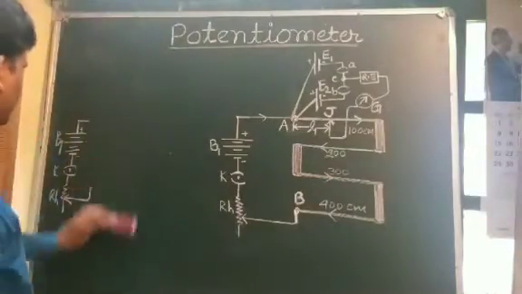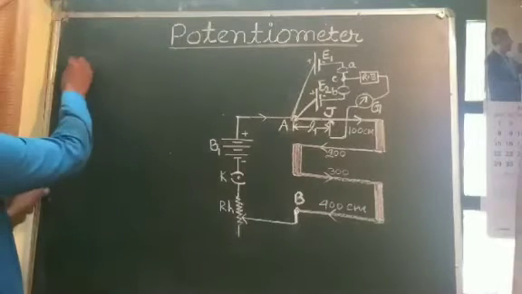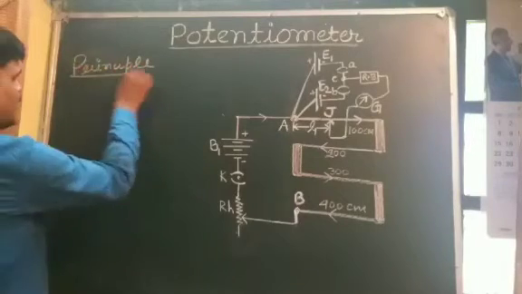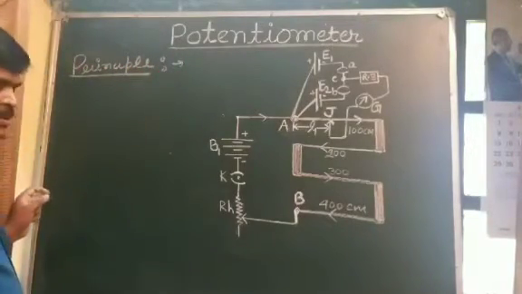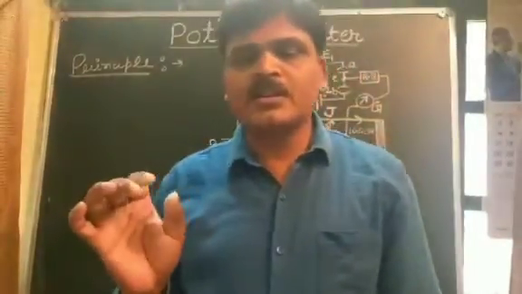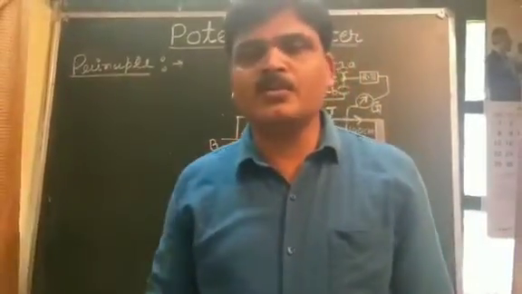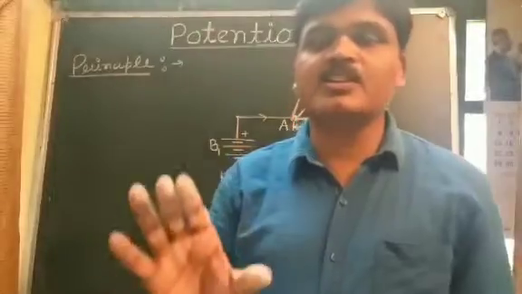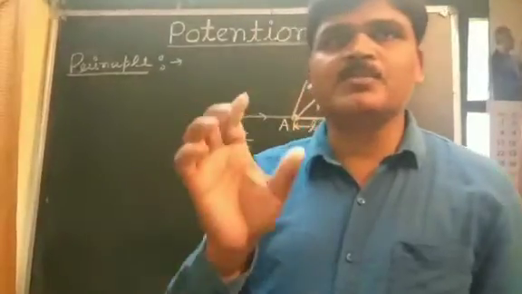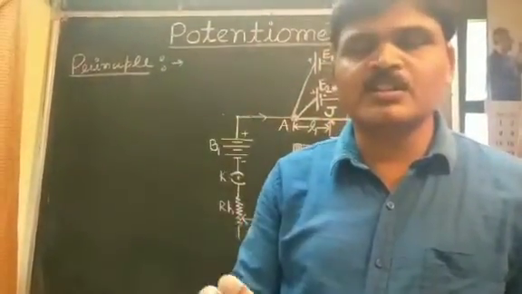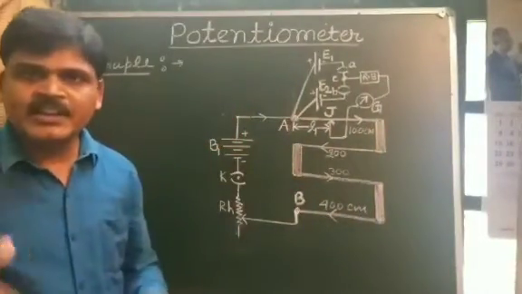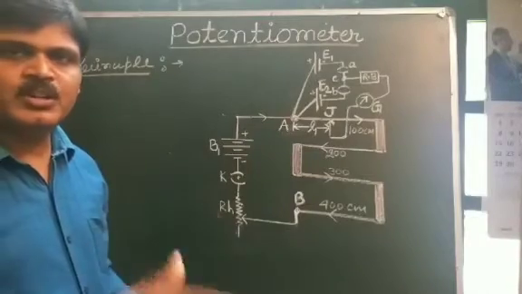Now, what is the basic principle of a potentiometer wire? The basic principle is that when a constant current flows through a wire of uniform cross-sectional area and composition, the potential drop across any length of the wire is directly proportional to that length.